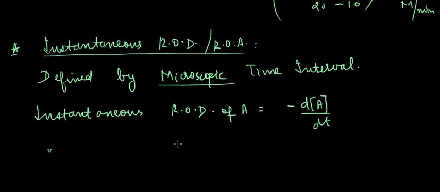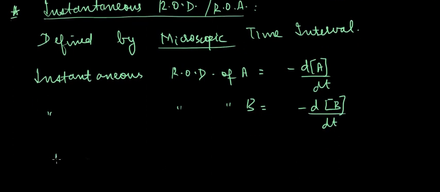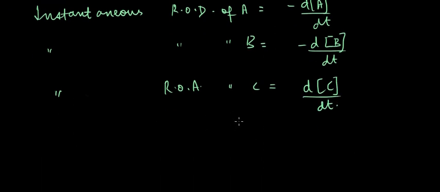Instantaneous rate of disappearance of B can be written similarly as minus dB by dt. And for C, rather than disappearance, C is a product, so instantaneous rate of appearance of C can be written as dC by dt.